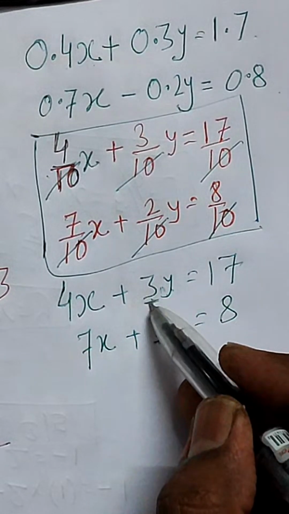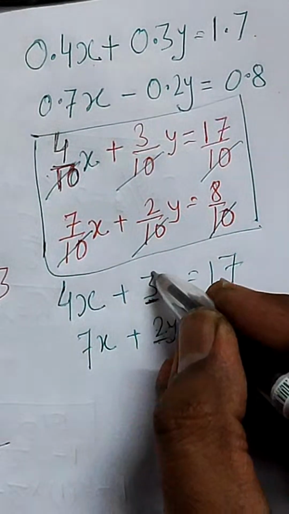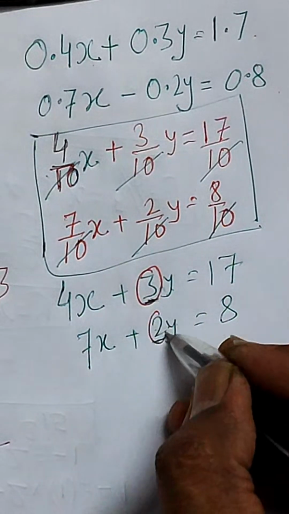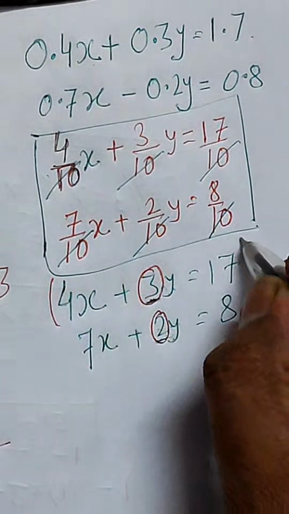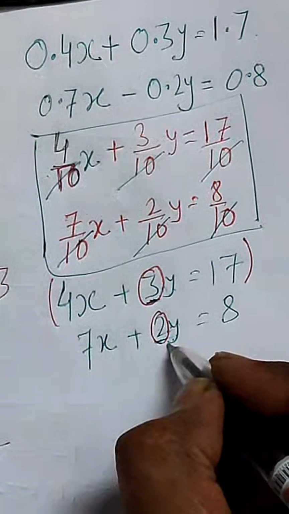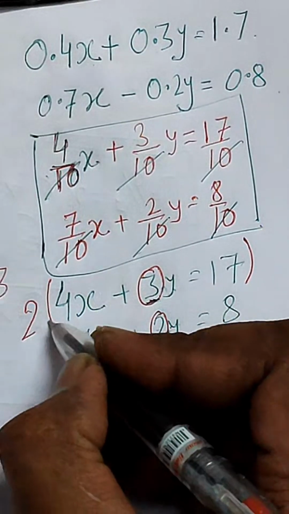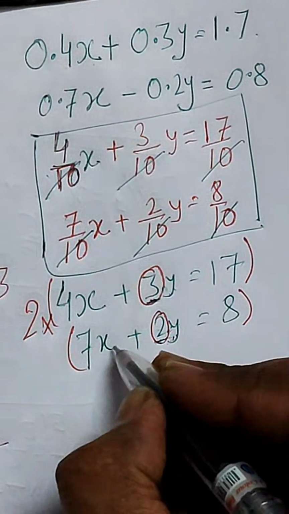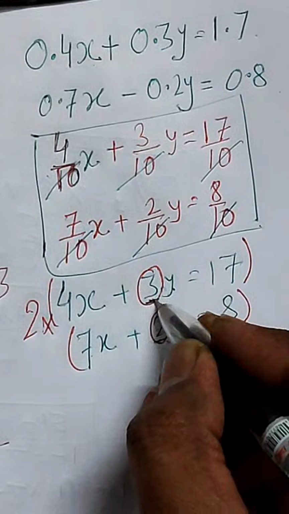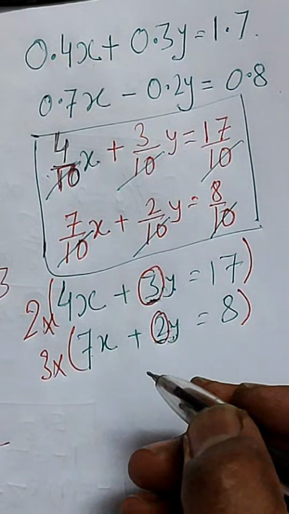So multiply the first equation by the coefficient of y in the second equation, that is 2, and multiply the second equation by the coefficient of y in the first, that is 3.